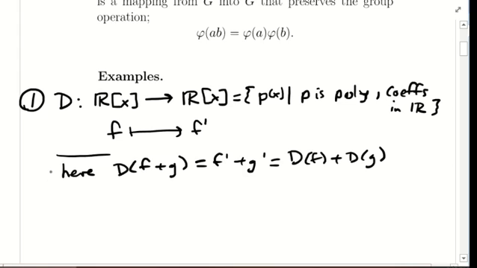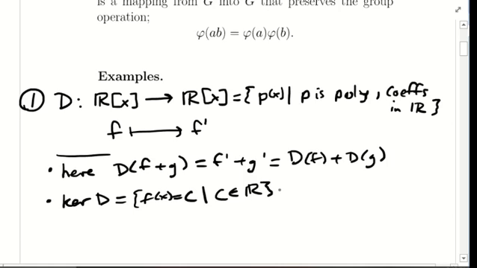So the question is, what is the kernel of this map? Well, it's all the polynomials whose derivative is 0, right? What's the identity in this thing? It's the additive identity. So these are all constant polynomials. Okay, so that's interesting.